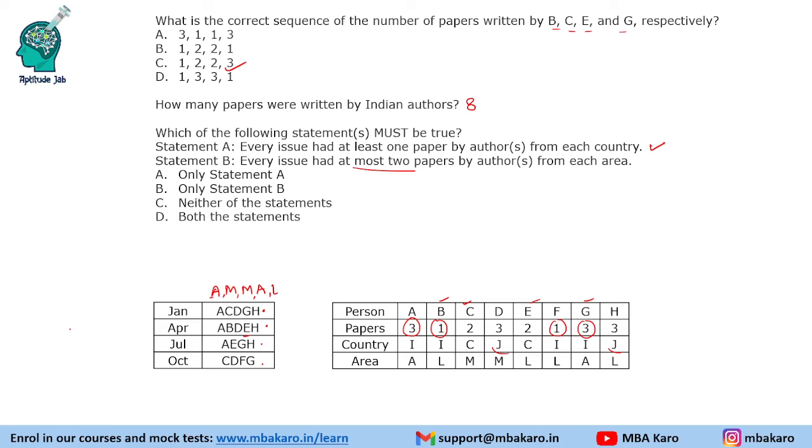In April we have A, B, D, E, H. A is from automation, B is from logistics, D is from manufacturing, E is from logistics, and H is from logistics. So we see that in the month of April, B, E and H are from the logistics area. So it is exceeding the value of 2. So this statement is not true. So only statement A is true.